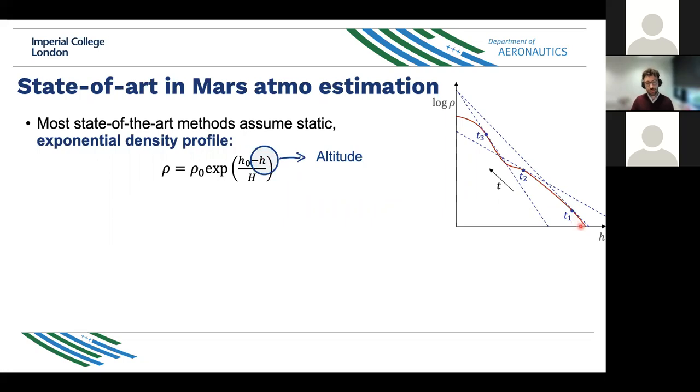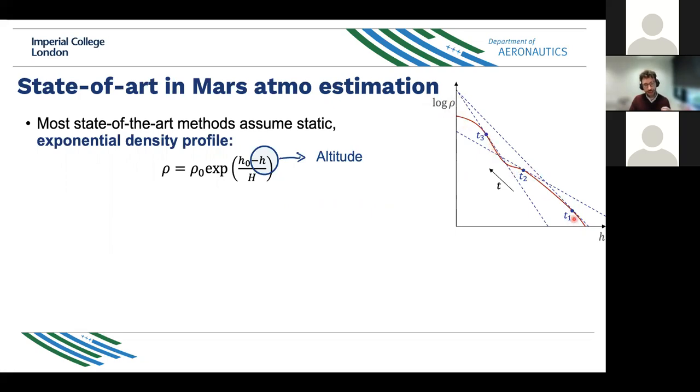And in particular, if we look at the logarithmic plot of the density as a function of altitude, in the real atmosphere, we will have something that resembles this red curve here.